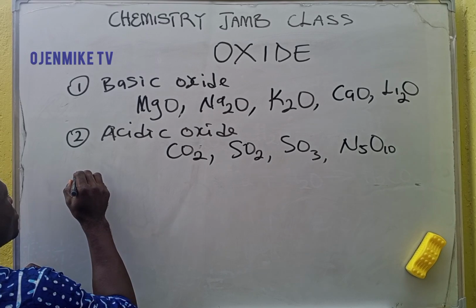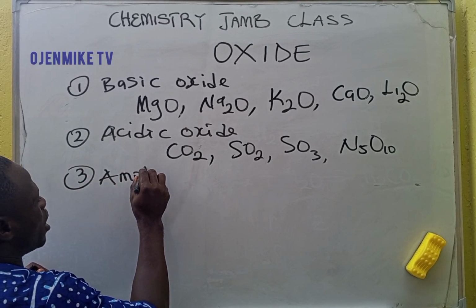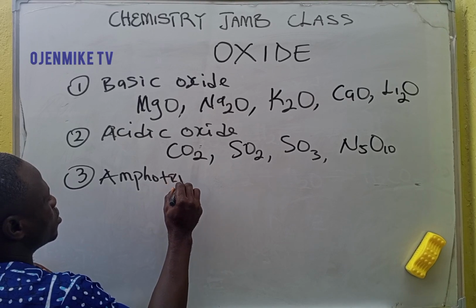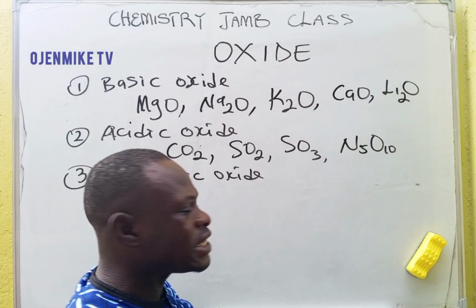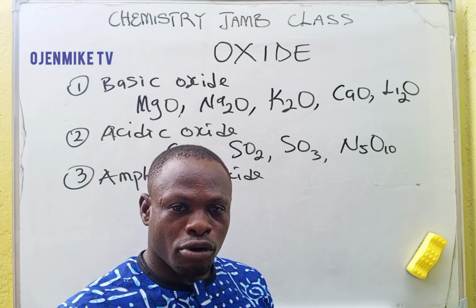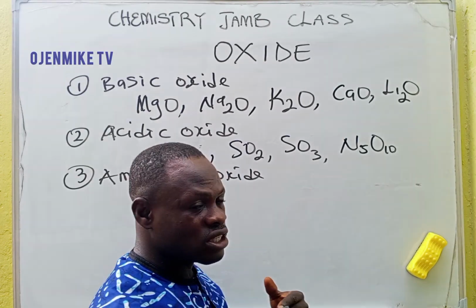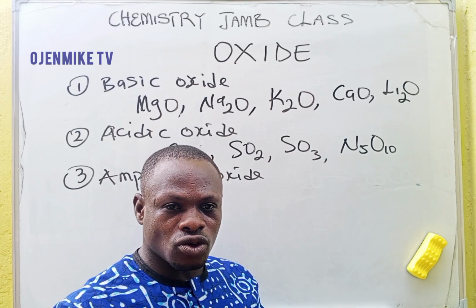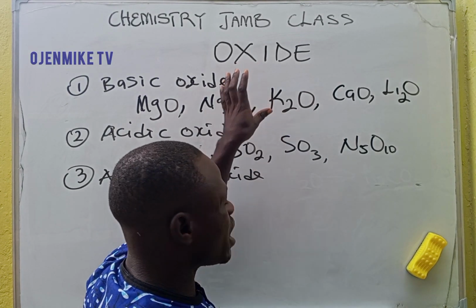The next one is amphoteric oxide. Amphoteric oxide is an oxide that has the property of acid and base. When you dissolve them in water, they have the property of acid and base.